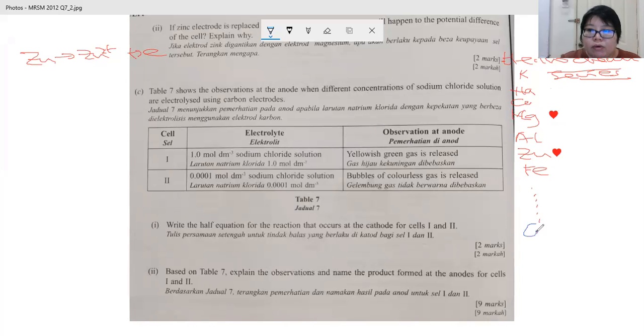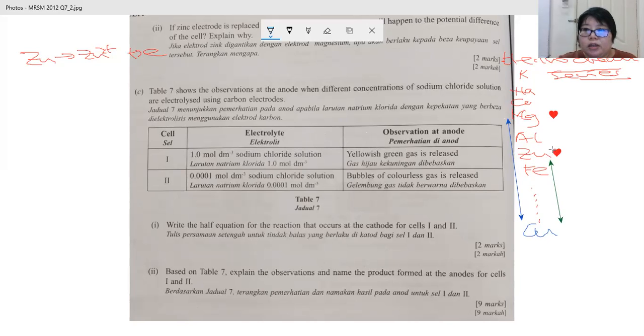The copper down here. Okay. Now we are going to get the distance. Okay. The distance, see, from the magnesium to the copper, and second one from the zinc to the copper. Can you see the difference?